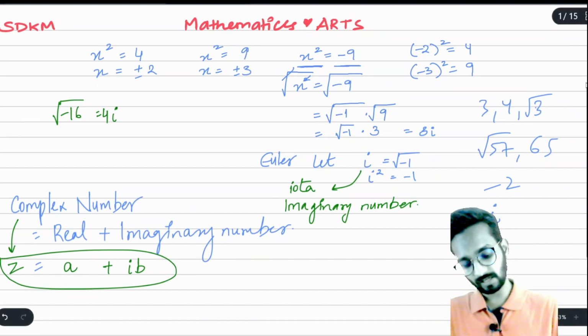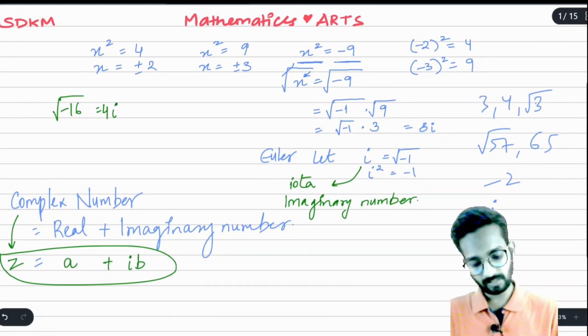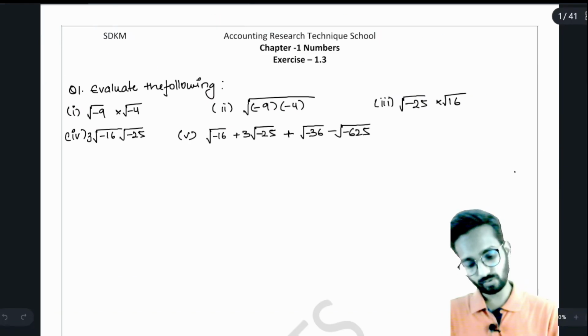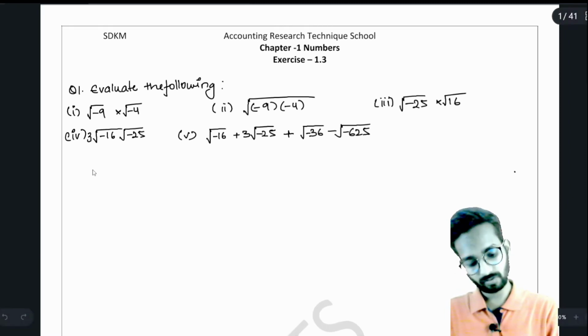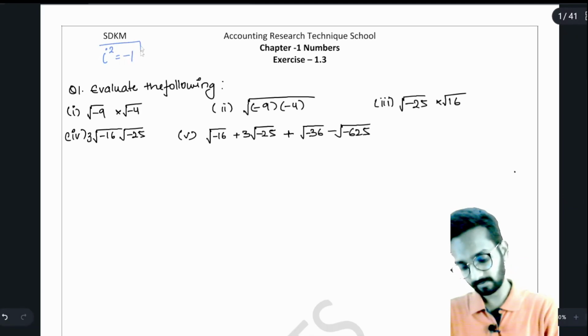Now our first question is: evaluate the following. They are asking root of negative 9 multiplied by root of negative 4. What will it become? We already know that i square is negative 1.